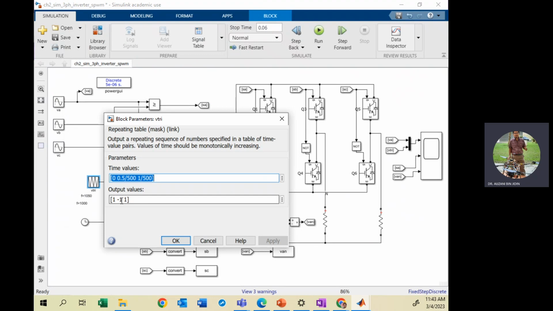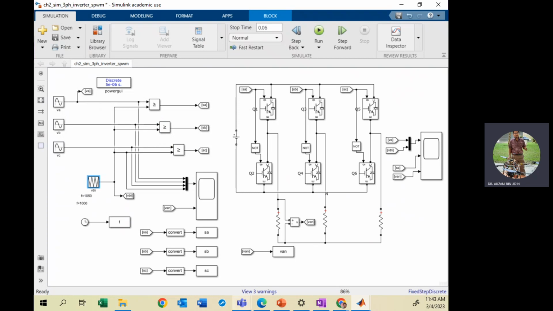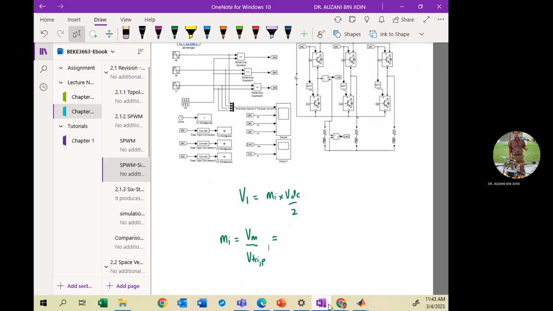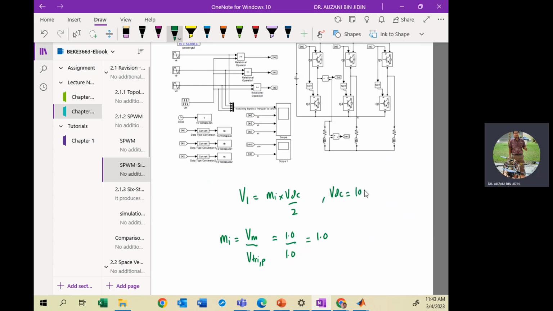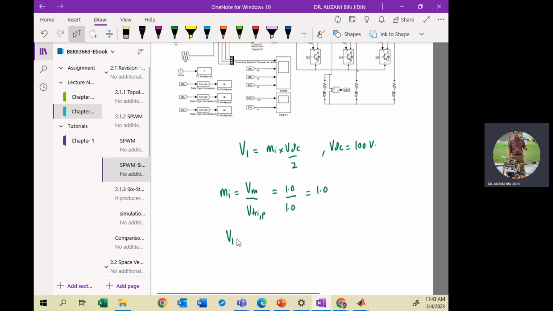It varies between 1 to -1, and peak to peak is 2, but the peak value is 1. Clear? So 1 divided by 1, then you get 1. VDC, you said, was 100 volt just now. VDC 100 volt. Then you can calculate V1 as 100 divided by 2, then you get 50 volt.